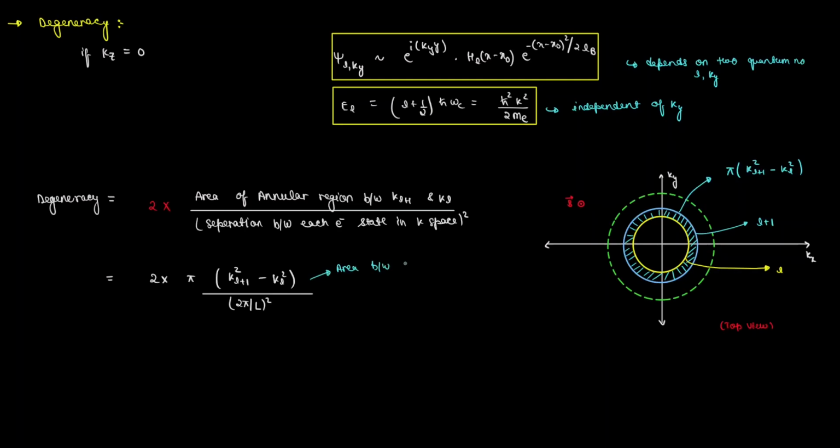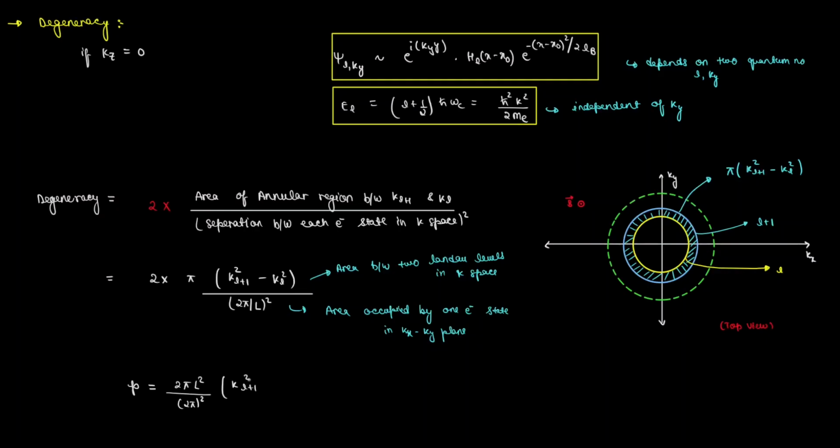where the numerator is the area between two Landau levels in k space and the denominator is the area occupied by one electron state in the kx and ky plane. So therefore the degeneracy will be equal to 2πL² divided by (2π)² times (k_{L+1}² − k_L²).